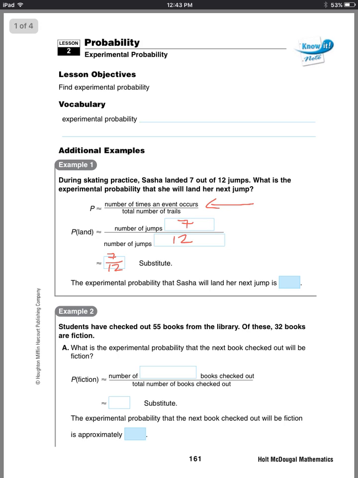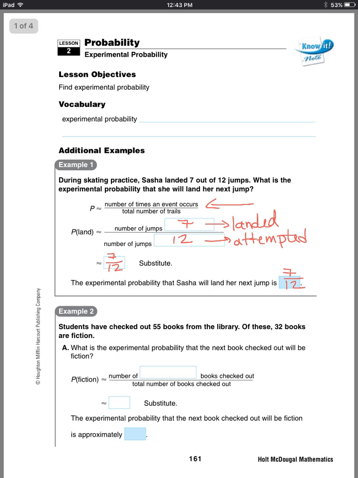They wanted you to write here 7 landed and attempted. I didn't feel like that was necessary, but I will add it. So the experimental probability that Sasha will land her next jump is 7 out of 12.